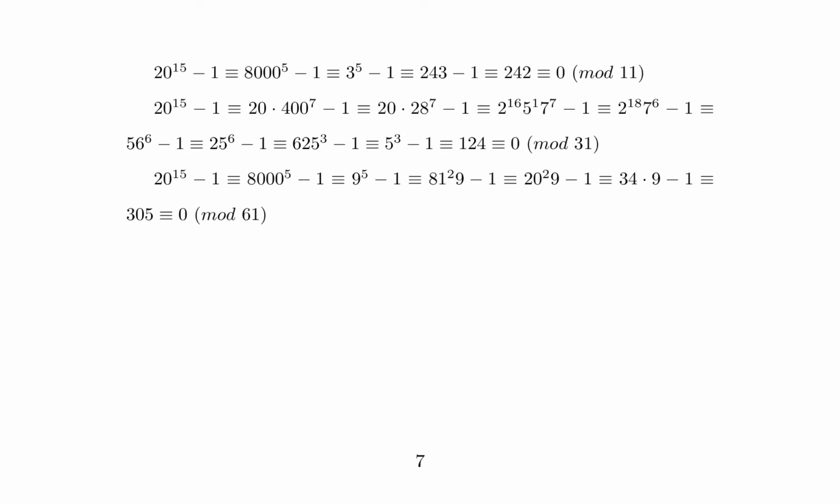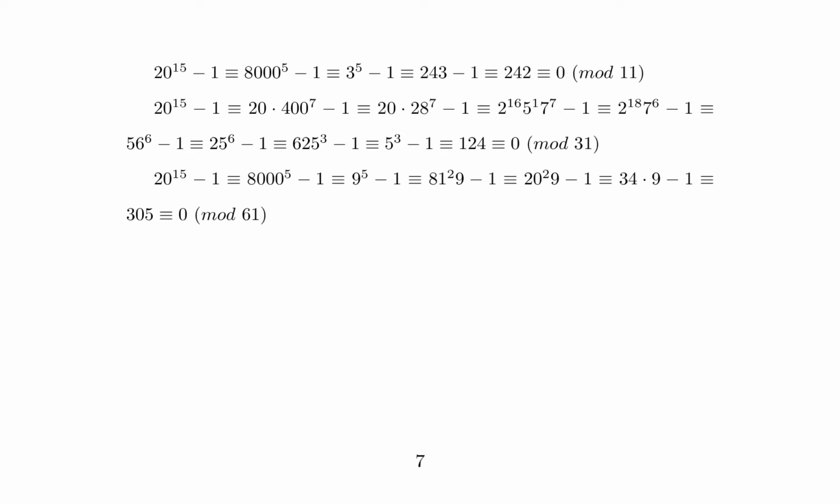Okay, for 31, we have 20 to the power of 15 minus 1 is equal to 20 times 400 to the power of 7 minus 1. Mod 31, that's 20 times 28 to the power of 7 minus 1. Rewriting as prime factors, we get 2 squared times 5 times 7 to the power of 7, minus 1. And we can multiply 7 and 5 to get 35, that's 4 mod 31, to get 2 to the power of 2 times 7 to the power of 6 minus 1.